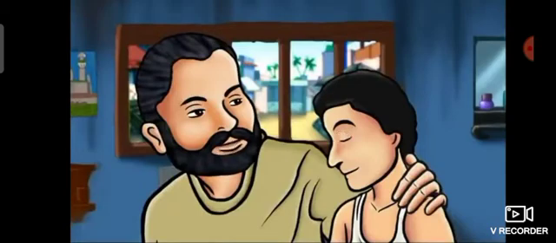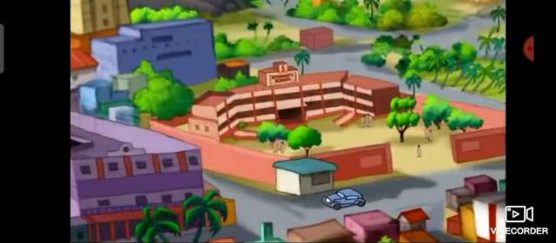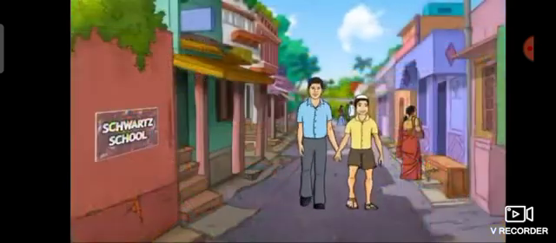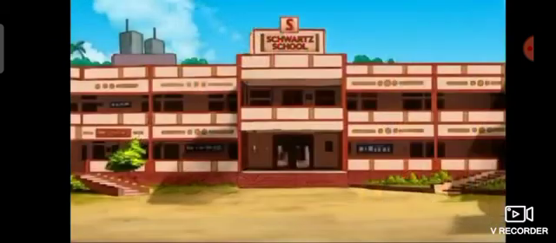We will somehow find the money for you to study in a good school. The Schwartz School was in Ramanathapuram, a bustling town that lay across the sea from Rameshwaram. My brother took me to the school and I was admitted. It was a very good school.